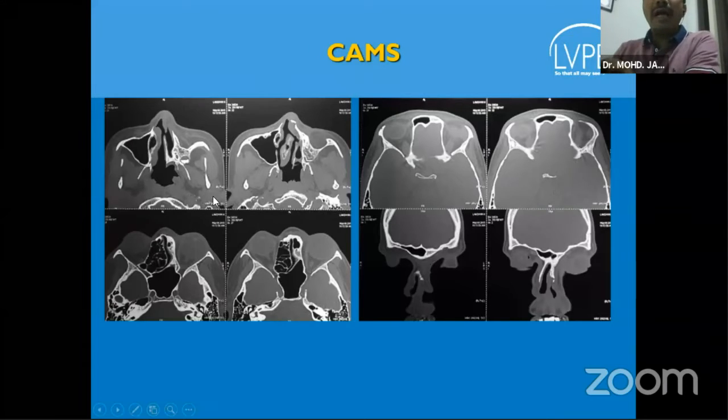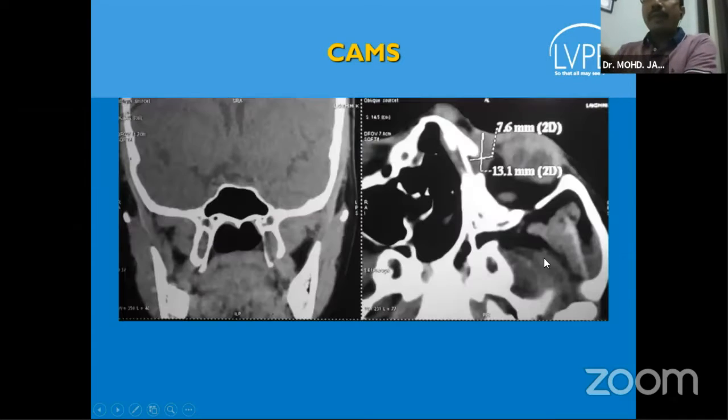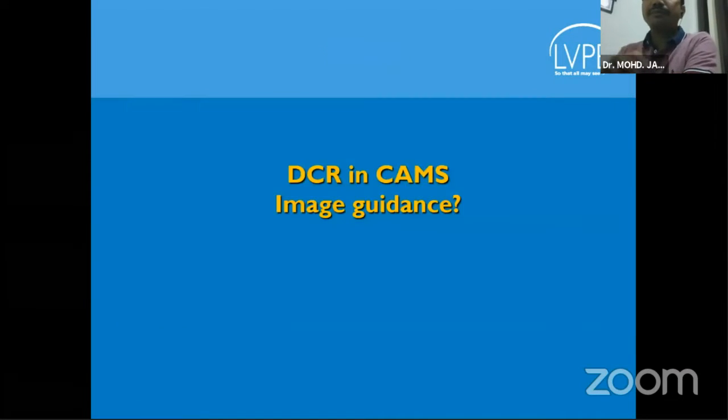Other than the lacrimal sac swelling, you also see the frontal process of maxilla, in this transposed image, going and attaching directly to the nasal process of the frontal bone. This is the axial cut, showing a large mucocele in that area.